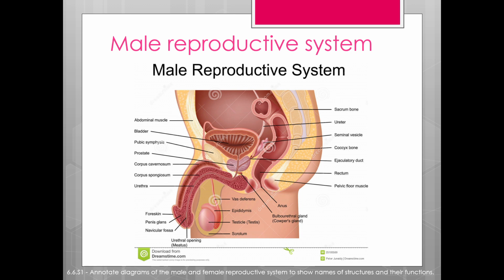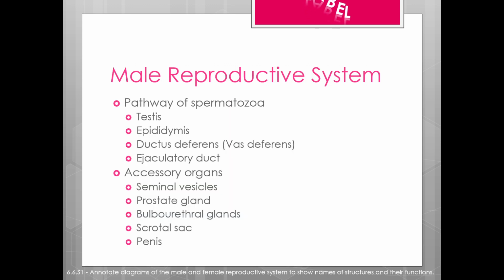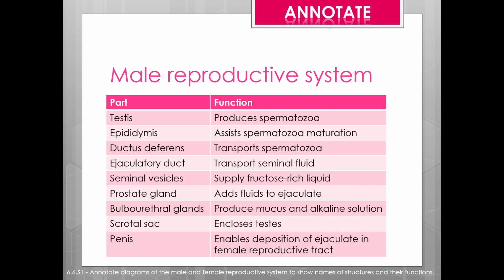The rest of the details on this diagram may help to understand where exactly all these parts are placed, but you don't have to name them. And here, just in case, you've got a list of parts, which is quite a good idea to recognize and name.